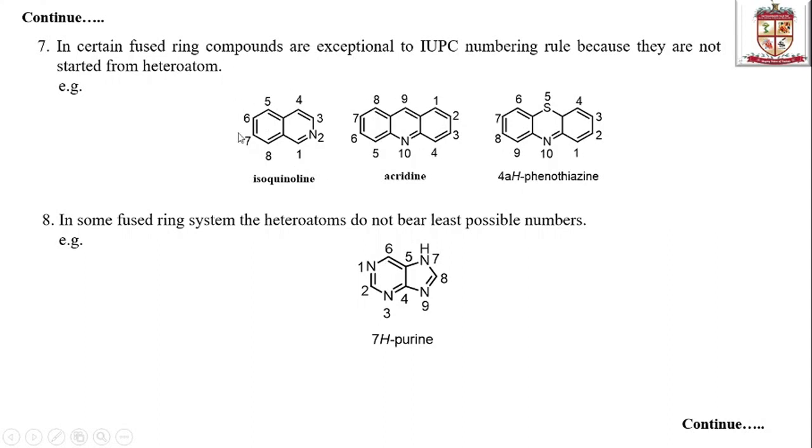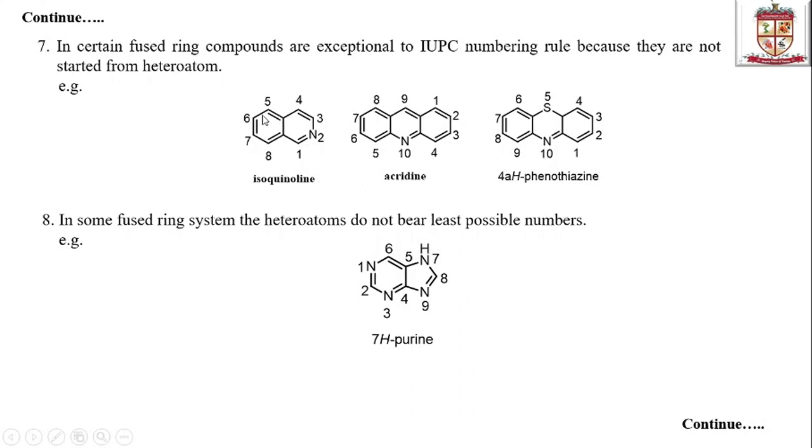These are examples of exceptional cases because they don't follow the IUPAC numbering rule. In isoquinoline, the rule we learned is that the heteroatom should possess the lowest possible number, and then we should follow the numbering.